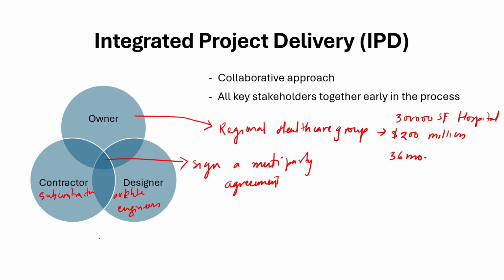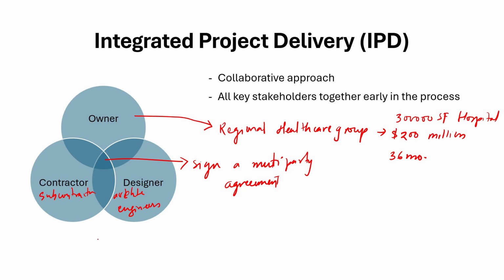They use building information modeling, BIM, to create a shared digital model, enabling real-time input and decision-making by stakeholders. The contract includes financial incentives and penalties based on overall project performance, and the team works concurrently on design and construction, allowing for adjustments based on field conditions without major delays.